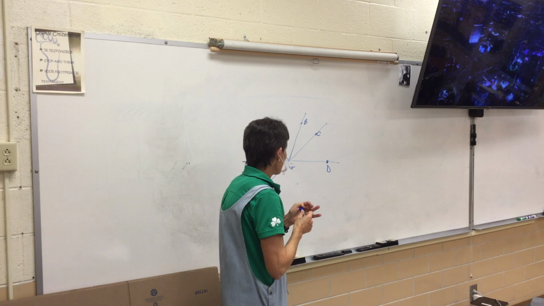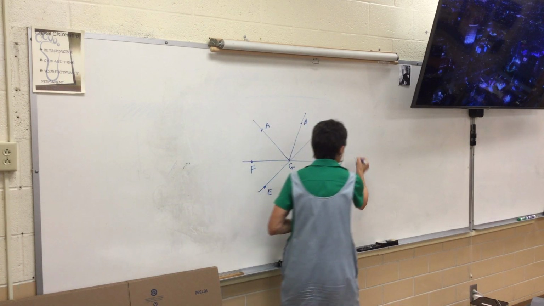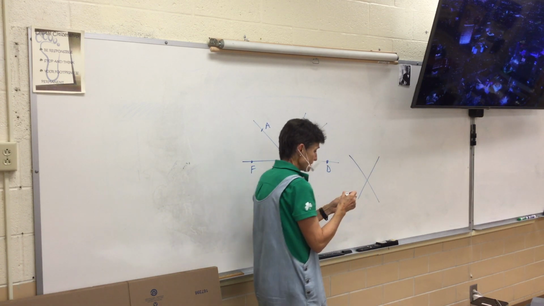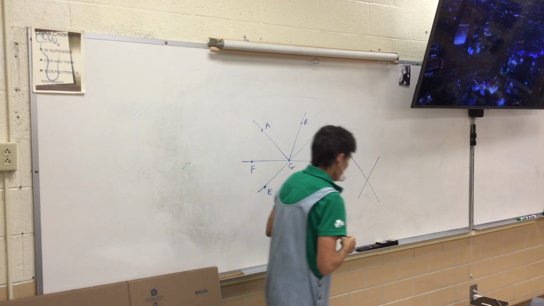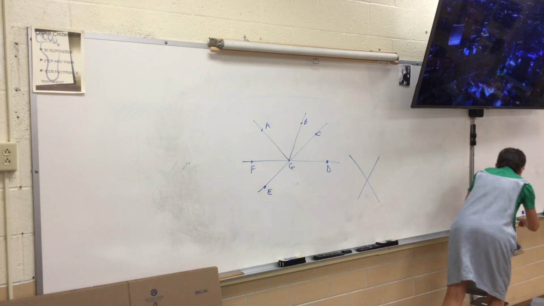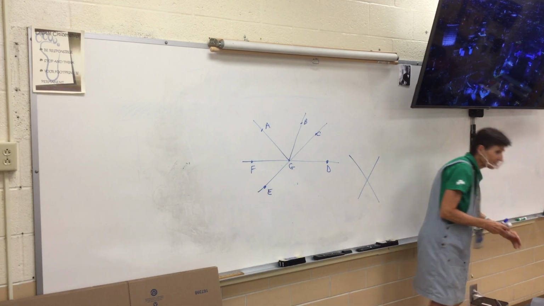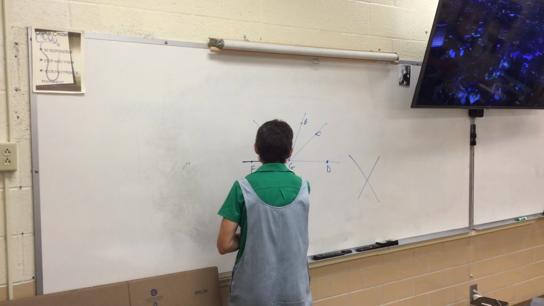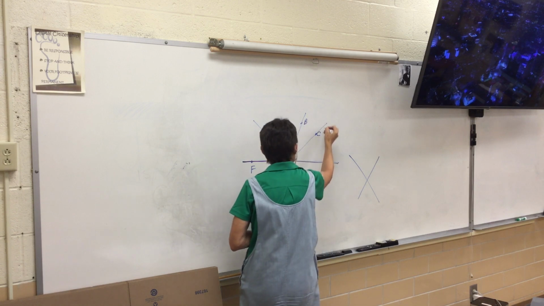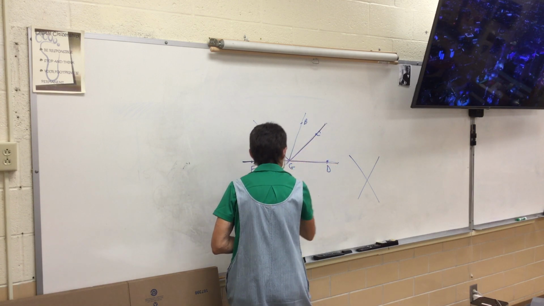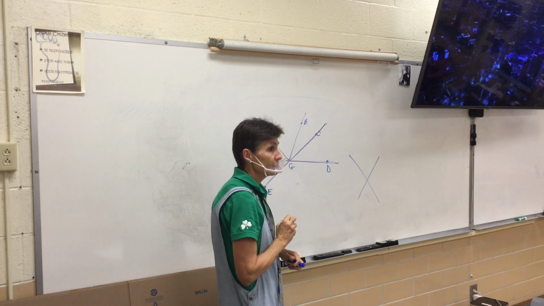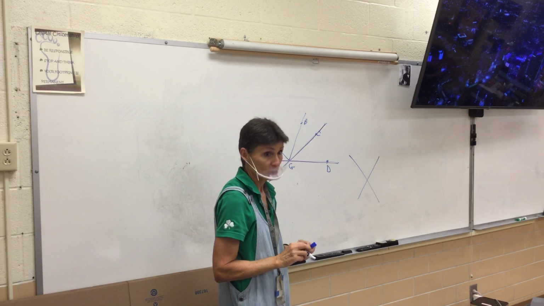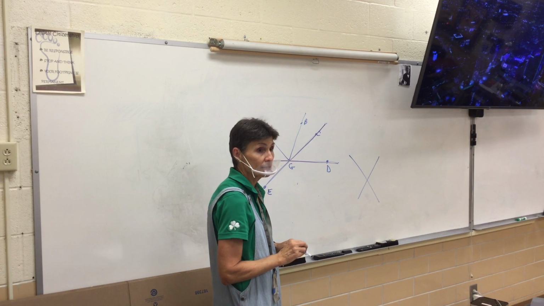Now, vertical angles are formed when lines cross each other. So when you look at this, you have to find lines that are crossing. I only see two lines in the problem. These two right here. Would you agree with me? There are some rays in there, but those are the only two lines.